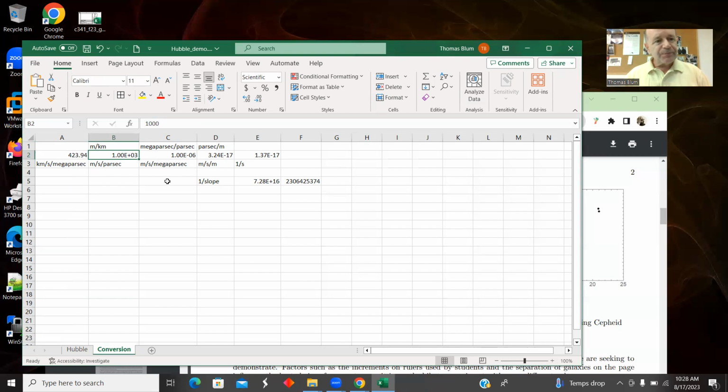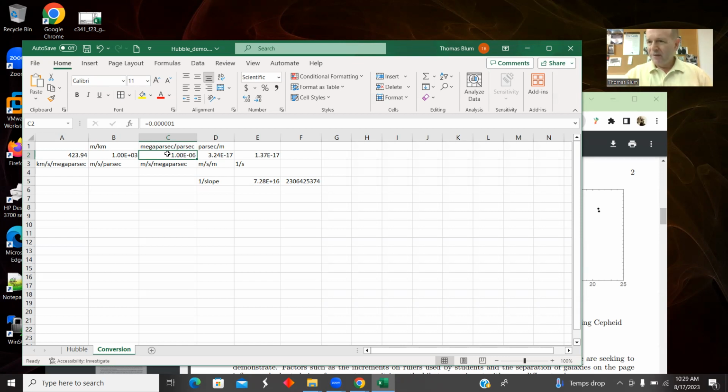The kilometers are in the numerator here, so I want a conversion of meters over kilometers. And there are 1,000 meters in a kilometer. So that is this factor here. Then I have megaparsecs in the denominator, so I want to get it first to parsecs.